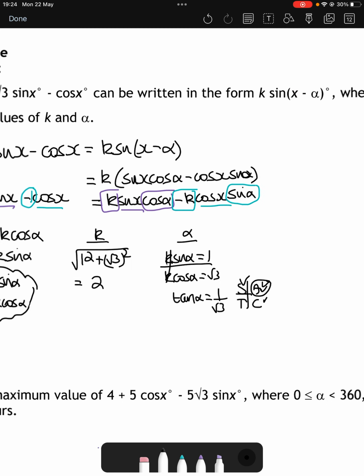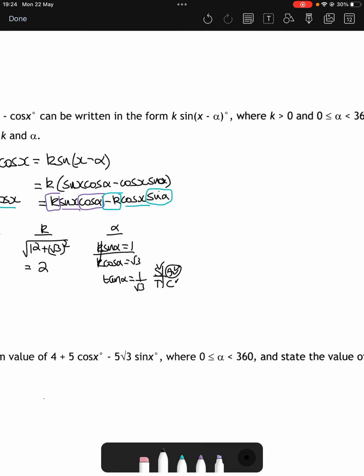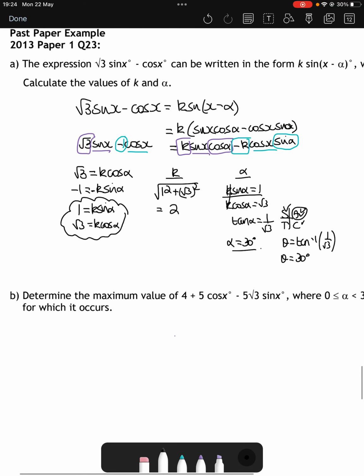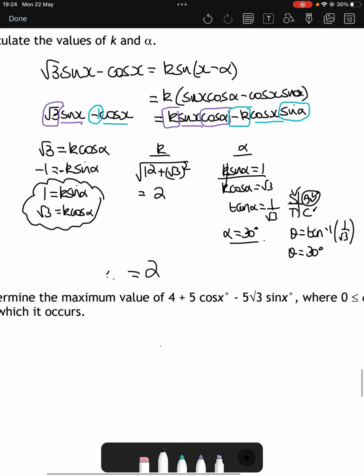We're working in degrees. One over root 3 we know is 30 degrees, so alpha is 30 degrees. Okay, so what do we have? Therefore k equals 2. Our expansion was k sin(x minus alpha). Okay, and that is our answer.